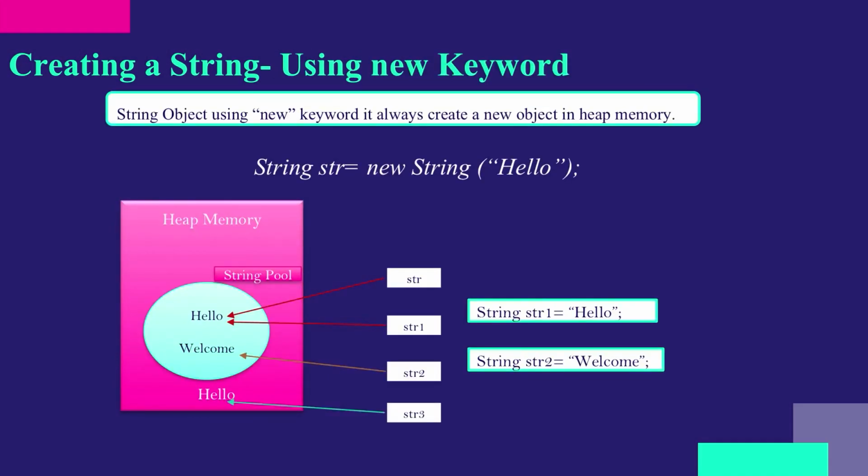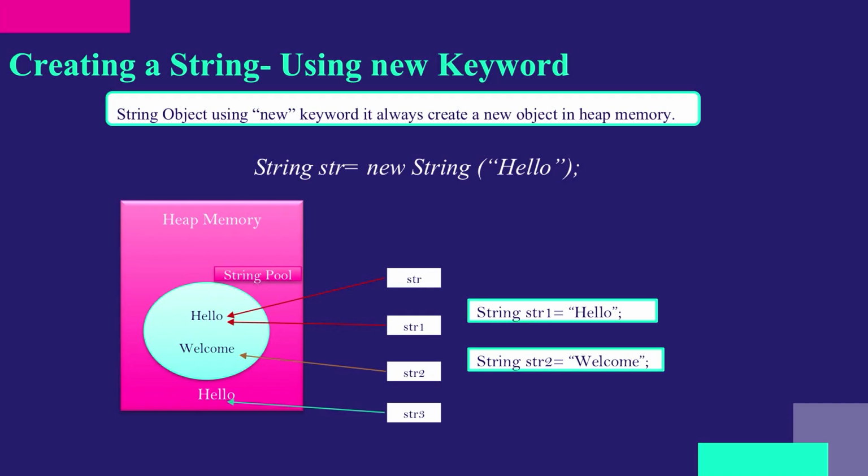Now the other way of creating a string is with the new keyword. Whenever you use the new keyword, it is basically going to create a new object in heap memory. For instance, if I say String str3 is new String hello, there will be a new object created in heap memory, like any other object created in memory.